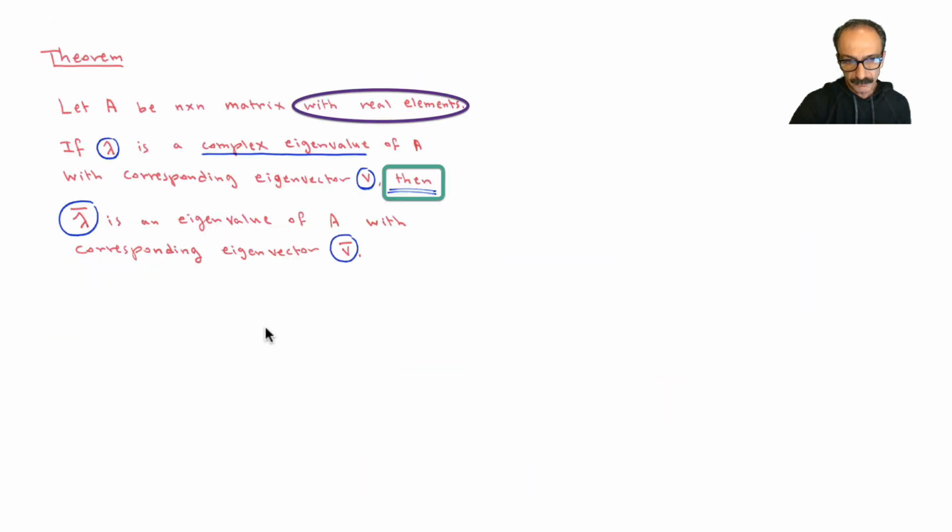So this theorem says it's good to know and keep in mind. Let A be an n by n matrix with real elements.